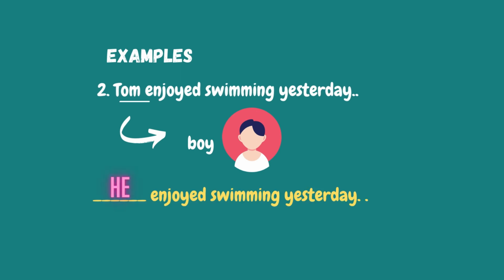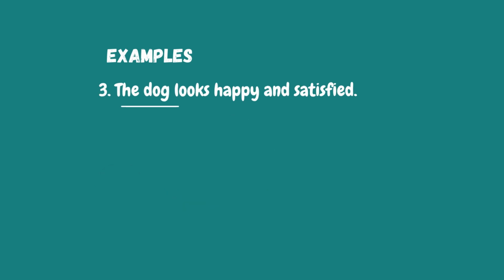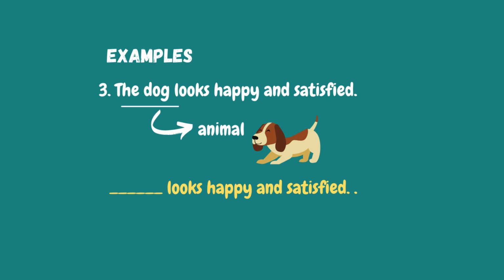Therefore, we have to replace it with he. He enjoyed swimming yesterday. The dog looks happy and satisfied. The dog is an animal. Therefore, we could replace it with it. It looks happy and satisfied.